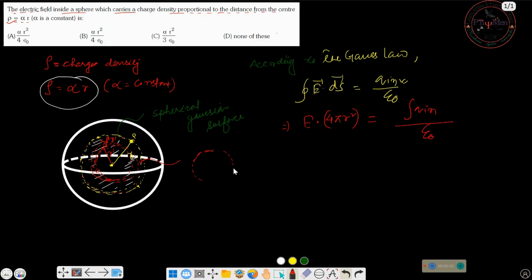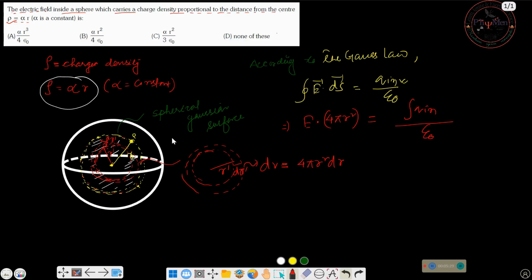This is a hollow sphere of thickness dr dash. Now what is the volume of this small hollow sphere? dv is equal to 4 pi r square dr, because it is area into thickness.